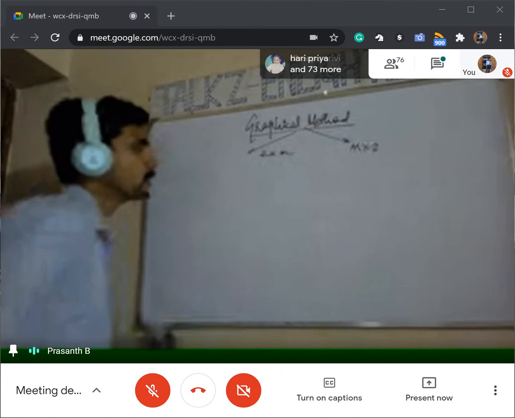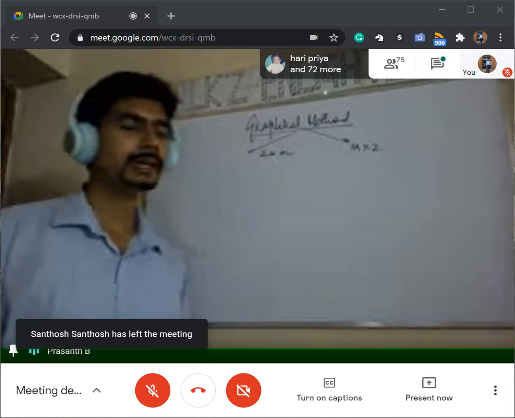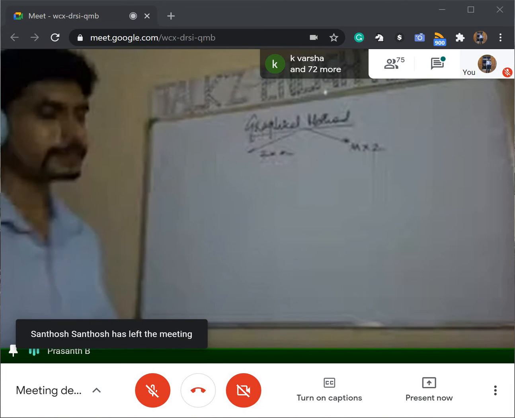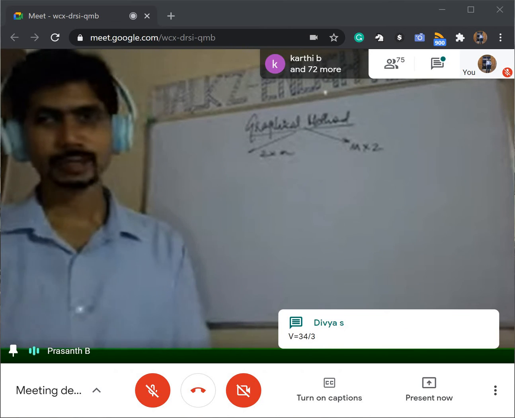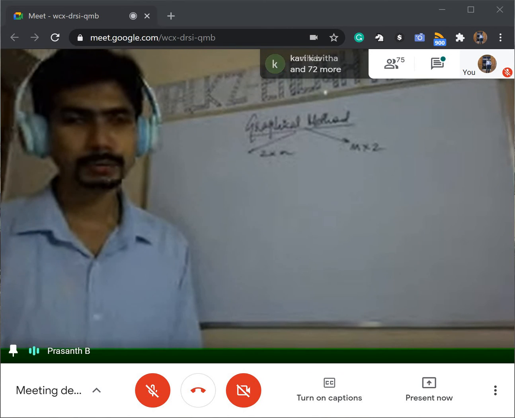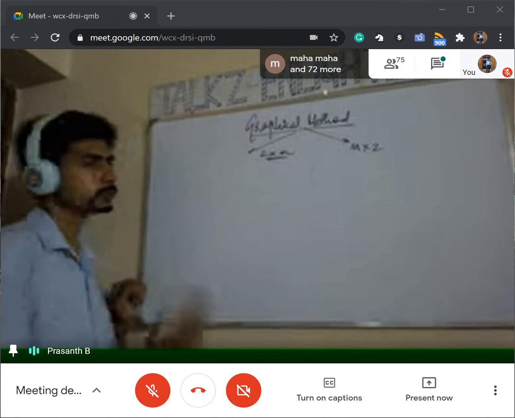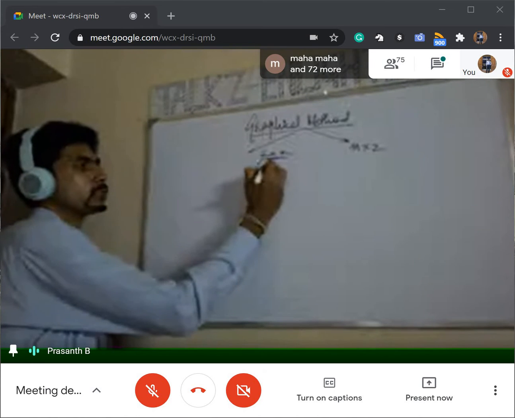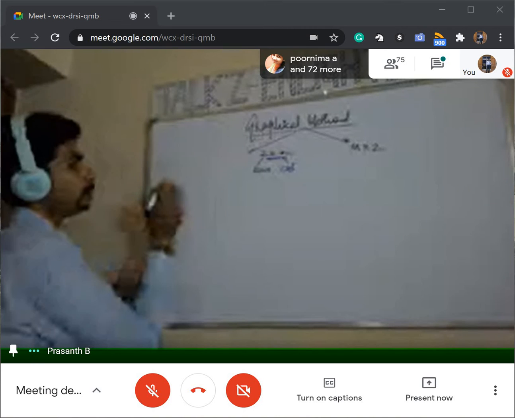And m cross 2. So by just looking at the problem itself, you can clearly come to the conclusion that this is a graphical method problem. If it's a 2 cross n problem, which means there are 2 rows and n columns, your problem will look something like this.